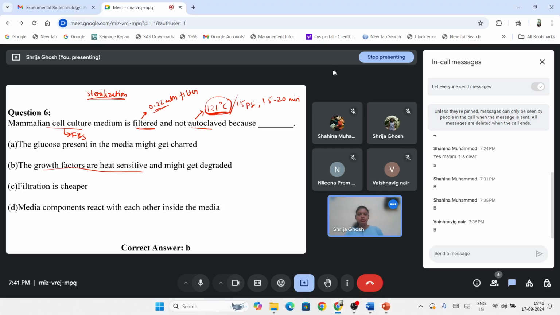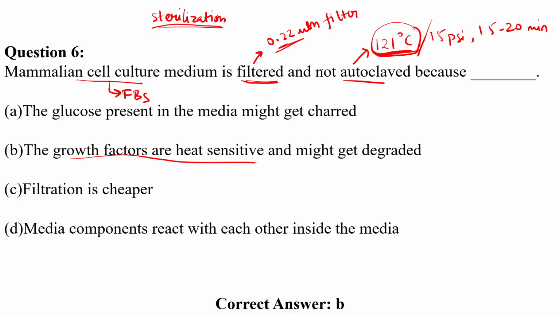Okay. So basically, if your medium is stable at a high temperature, then you can autoclave it. Otherwise, it's always better to filter sterilize it. Option C, that filtration is cheaper, is absolutely wrong.